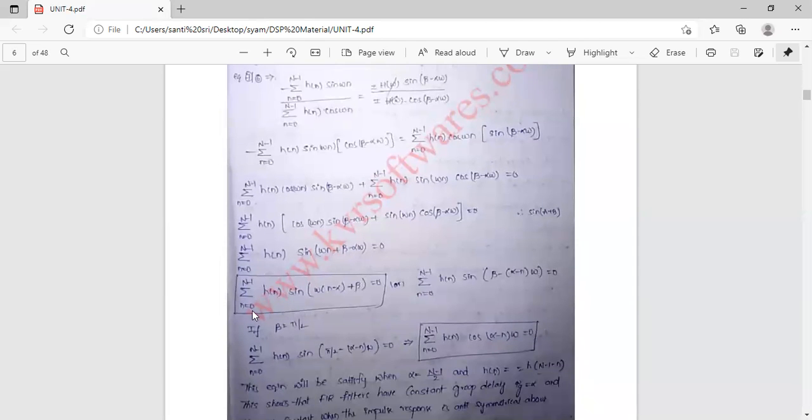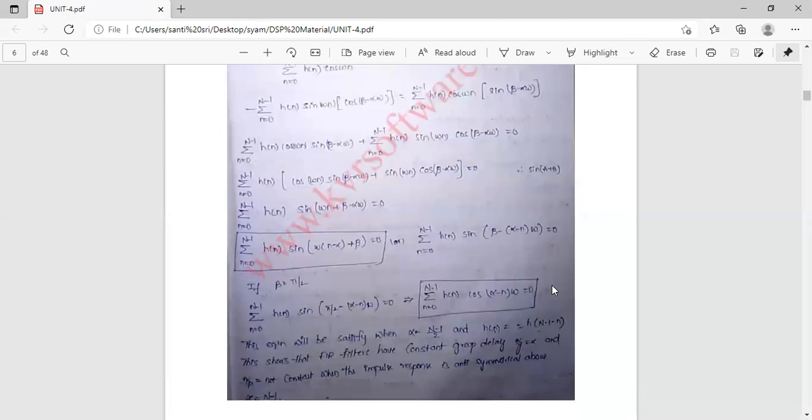Equivalently, sigma n equal 0 to N minus 1 of h of n into sin of omega into (n minus alpha) plus beta equals 0, taking omega common. Or sigma h of n into sin of (beta minus (alpha minus n) omega) equals 0.